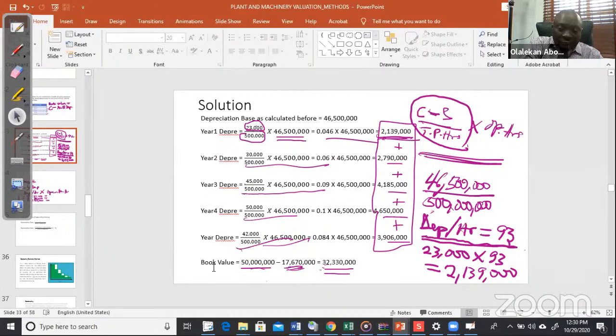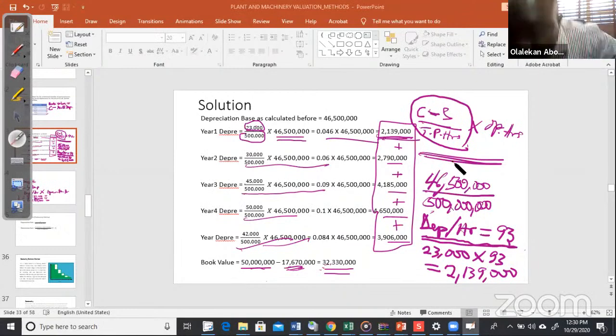The book value we have here that I've explained represents the book value at the end of 5 years. But you can have a case where the question will say, prepare a table of depreciation and book value for the respective years. That means each year you will calculate the depreciation and determine the book value. Year one depreciation, book value.